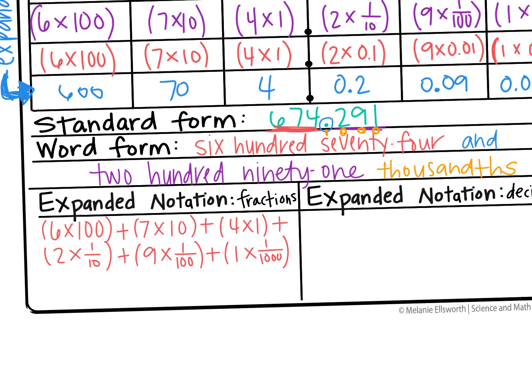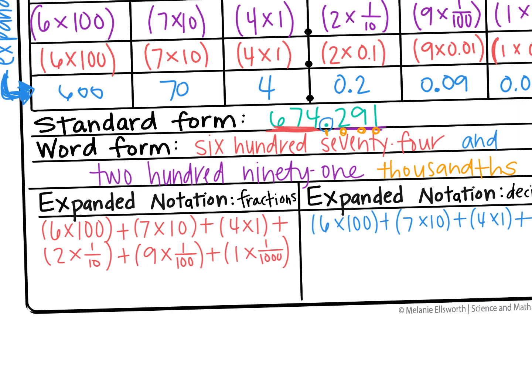The last part is if it were in decimal notation. So on this one, the first 3 numbers would still be the same. It would be 6 times 100 plus 7 times 10 plus 4 times 1 plus. This is where it changes.